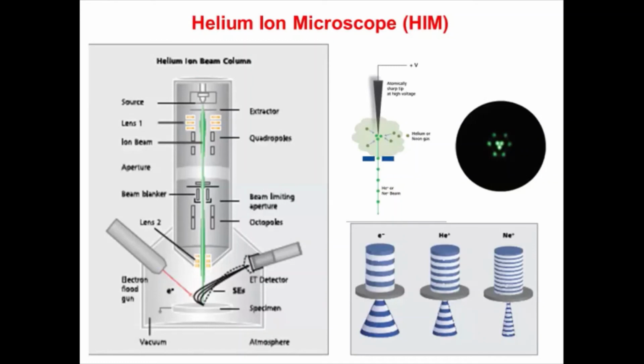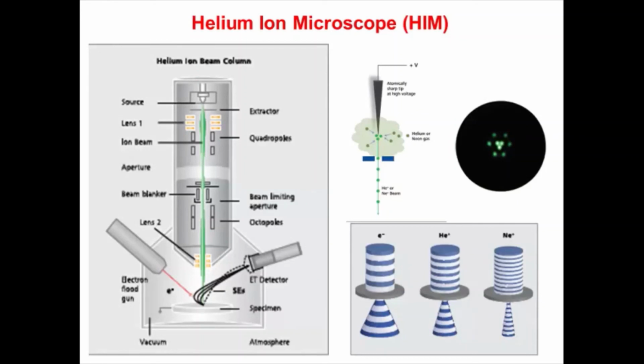So you can thin down the incident beam. In the case of electrons, the size of the incident beam also limits the resolution. If you thin the beam to less than 5 nanometer diameter, the intensity you receive on the sample is lesser.